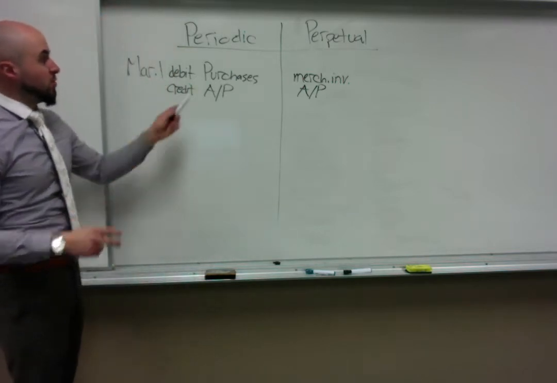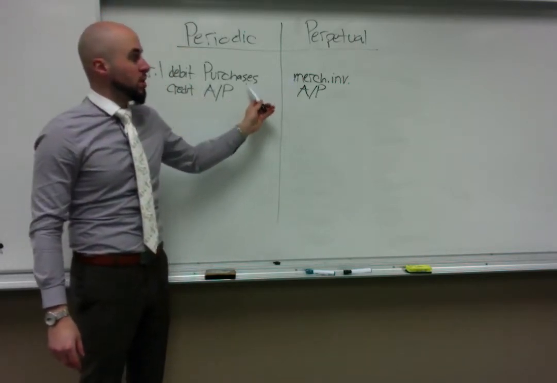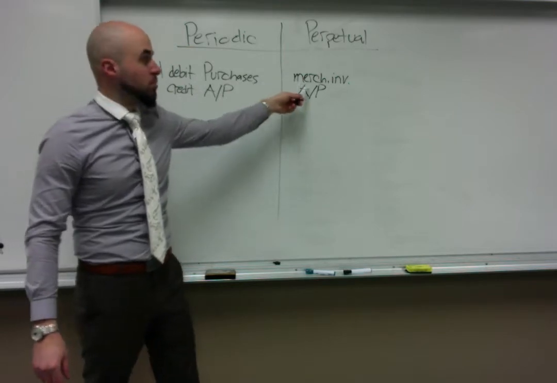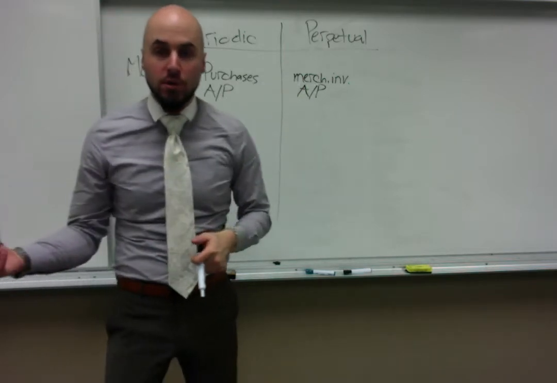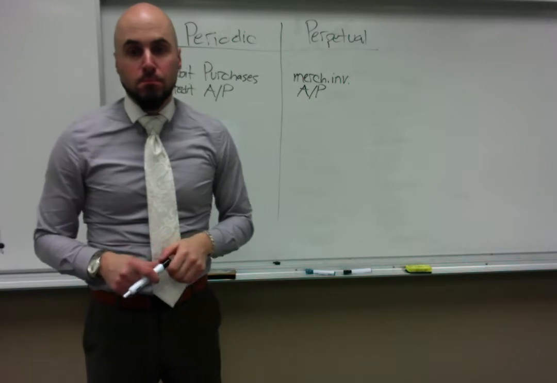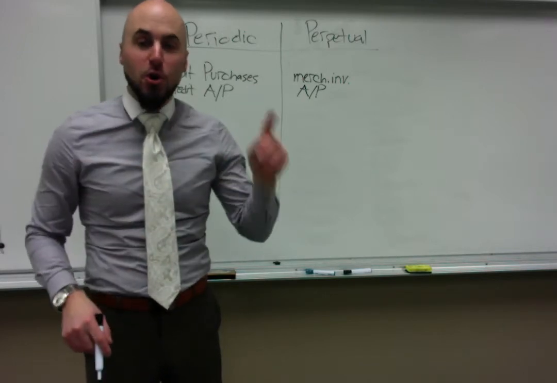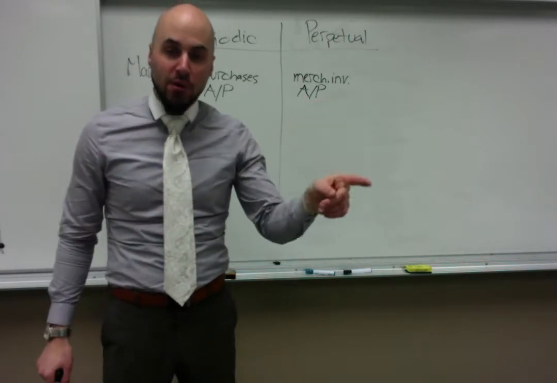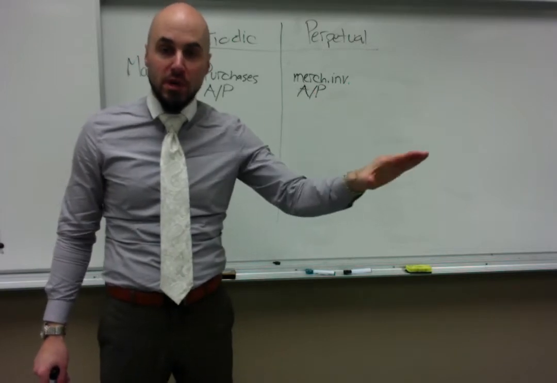Okay? So right away you see the difference. What periodic calls purchases, perpetual calls merchandise inventory. Because we need to always have an updated value of inventory whenever it is requested.